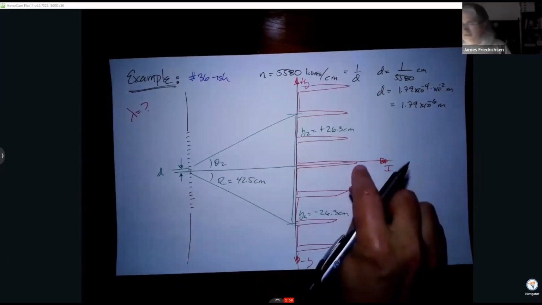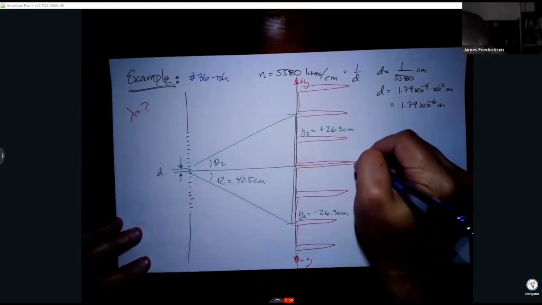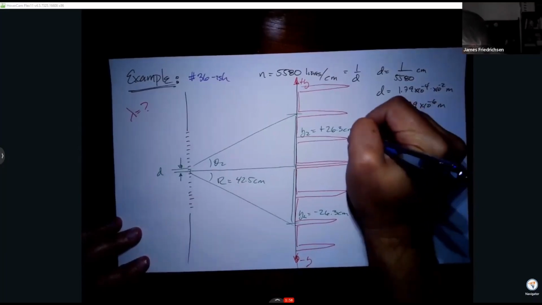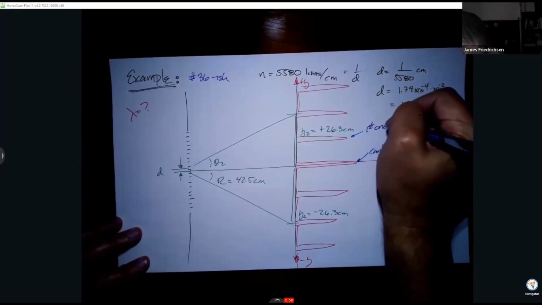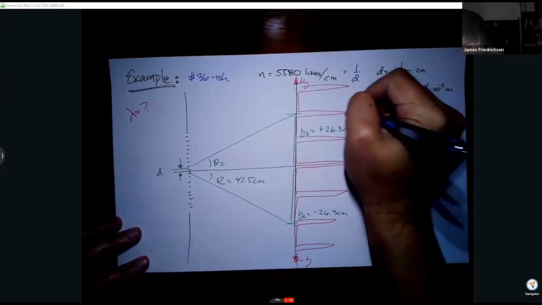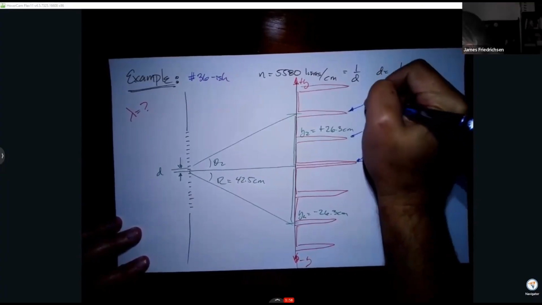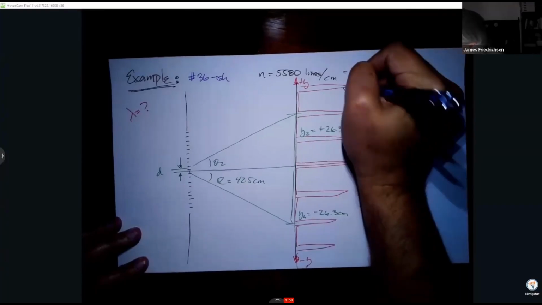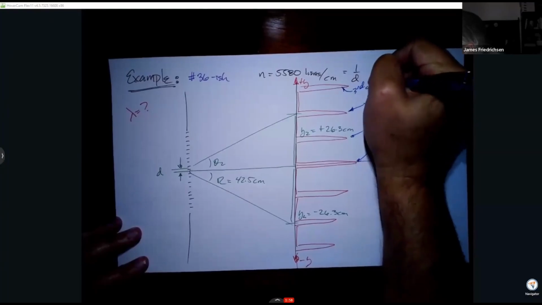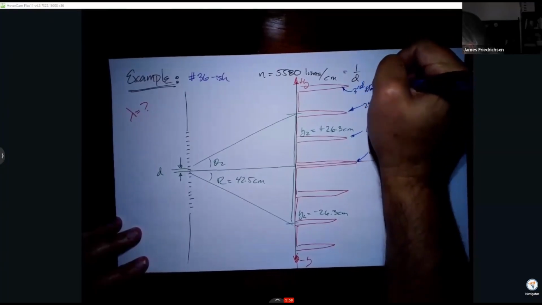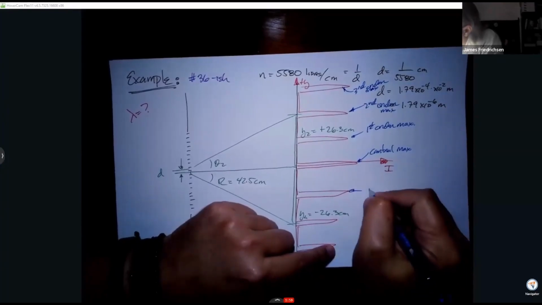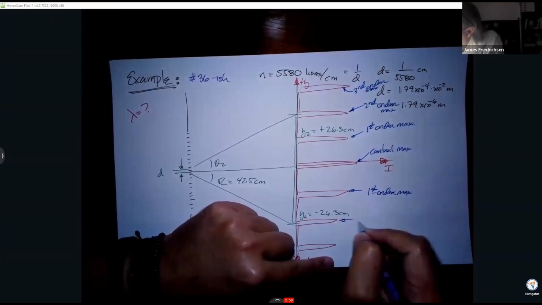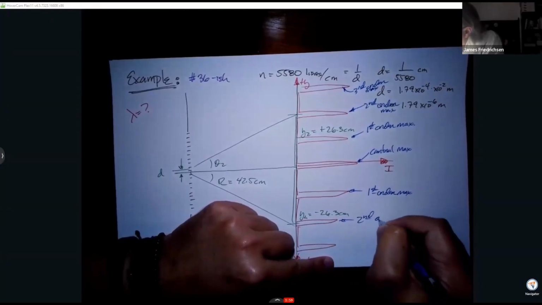Notice that this is our central maximum. First order, max or bright. Second order, max or bright. Third order max.